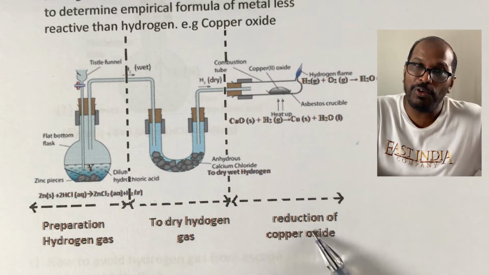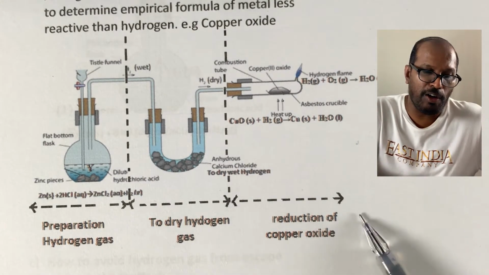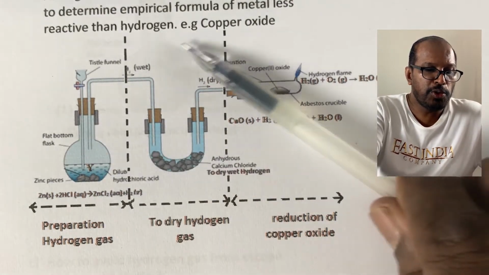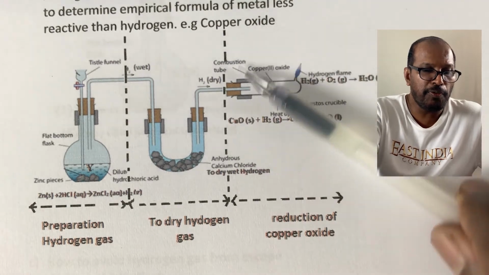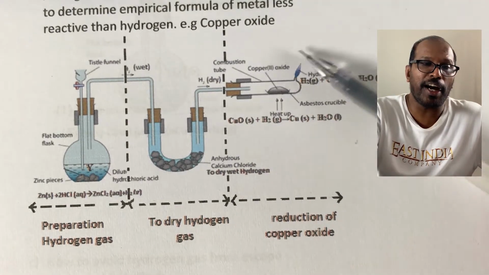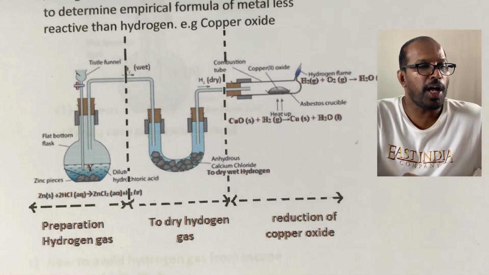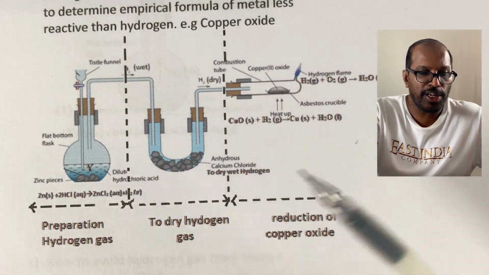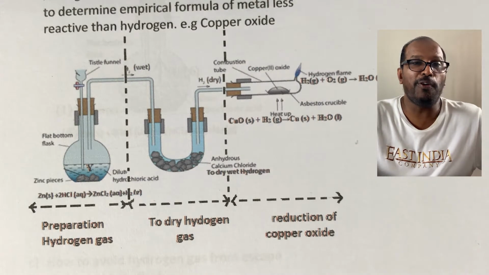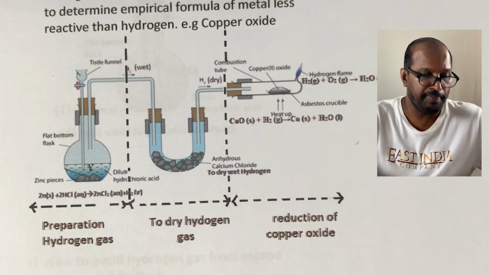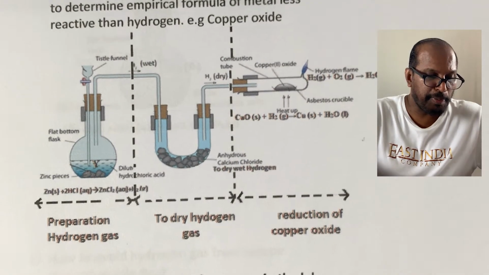And third, only then we do the reduction of copper oxide. That means we have to go through these 3 stages. So I'm going to explain stage by stage what we need to do before we can actually build the entire experiment altogether.